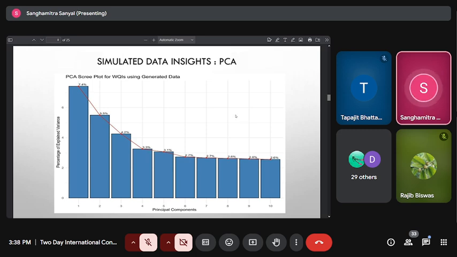On PCA, this is called a scree plot, and it is supposed to reduce the number of dimensions. I had around 35 different independent variables, and I was supposed to reduce them down to 1 or 2 variables. But if you look out here, the first 2 components explain barely 15% of the data.